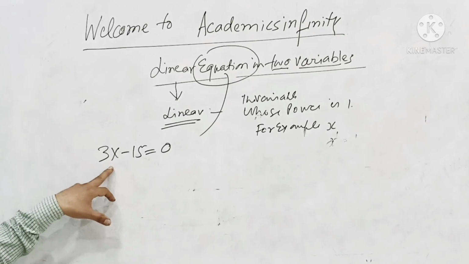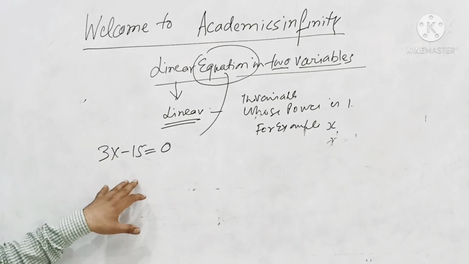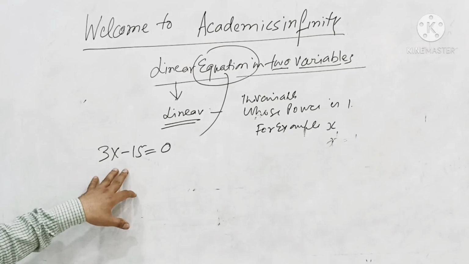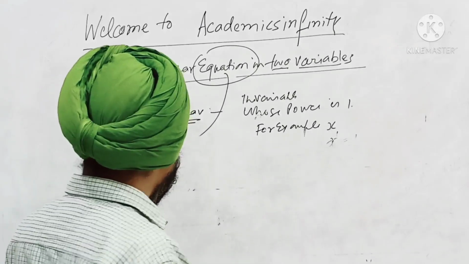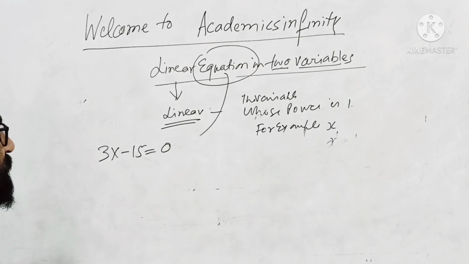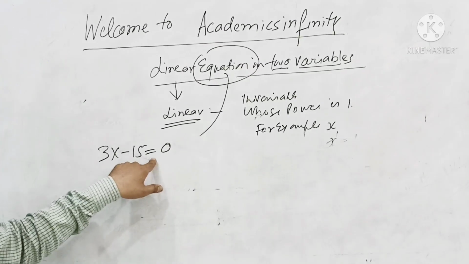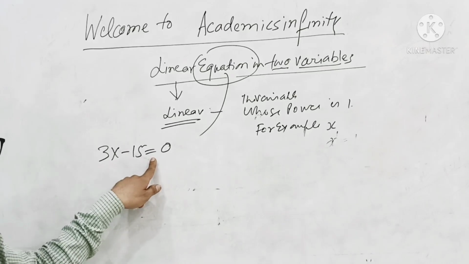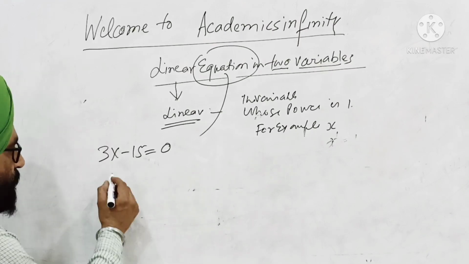Here there is only the one variable, that is x, whose power is 1. It is clear that it is linear, and that there is only one variable. Second, is it an equation? Yes, because here the sign is equal to. So it is clear that this is a linear equation in one variable.